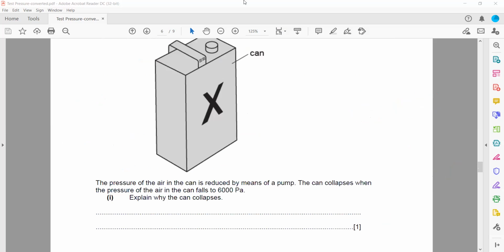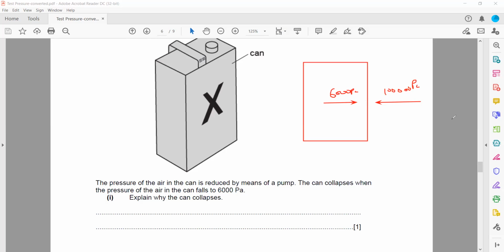As you can see in the question, they mention this is a can. It is filled with air. The air is exerting 6,000 Pascal and the atmosphere is exerting 1 exponent 5, or 100,000 Pascal. The atmosphere is pushing inside, and the air inside the can is pushing outside.